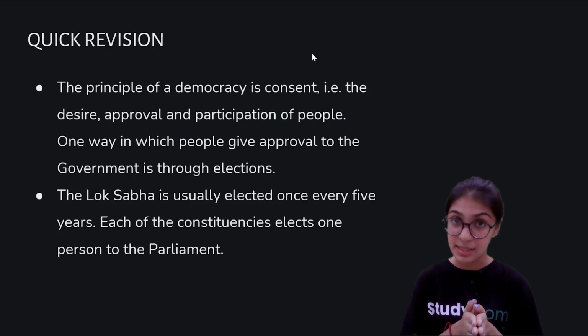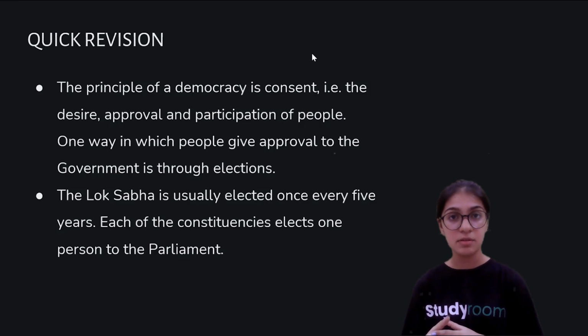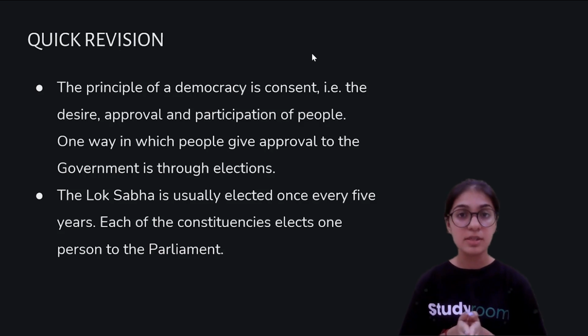We also discussed that some people express their opinions to the government by commenting on social media, being very active, forming groups, and even doing protests. These are ways through which people give approval or disapproval to the government.